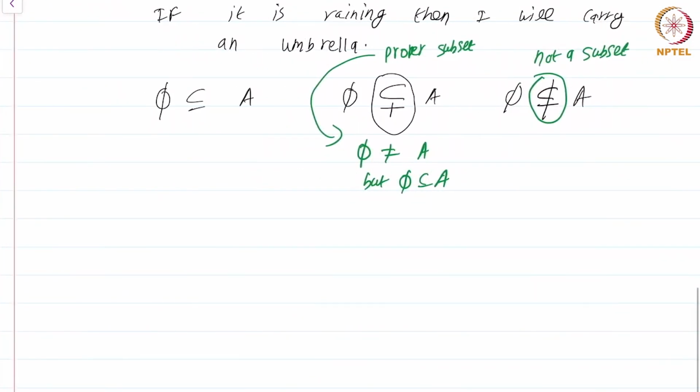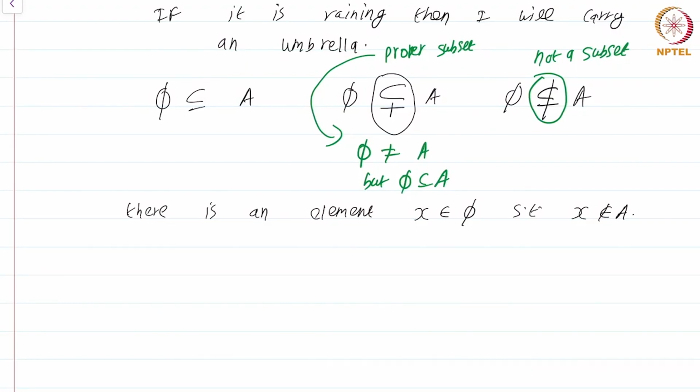Now we can, using the meaning of if then, try and prove that phi will be a subset of every set A. If you look at the definition of if then, the only possibility is that there is an element x in phi such that x is not an element of A. Only under this scenario will phi fail to be a subset of A. But there is no element x in the empty set.